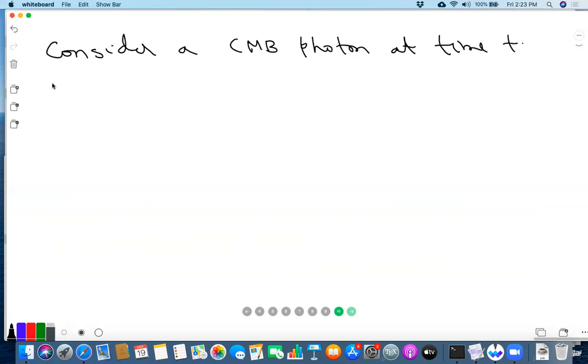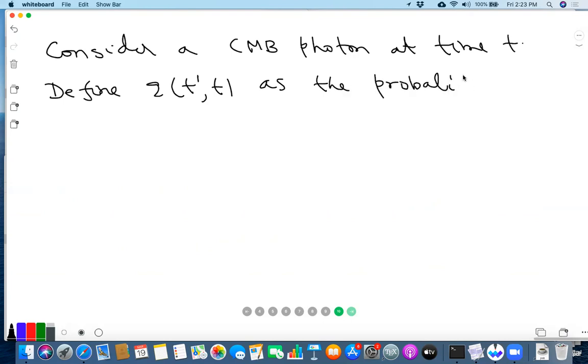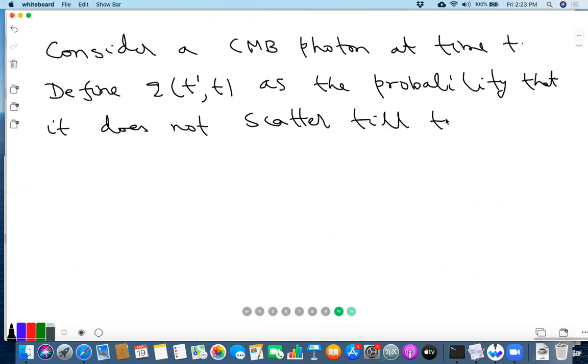And let's define q(t', t) as the probability that it does not scatter till time t'.